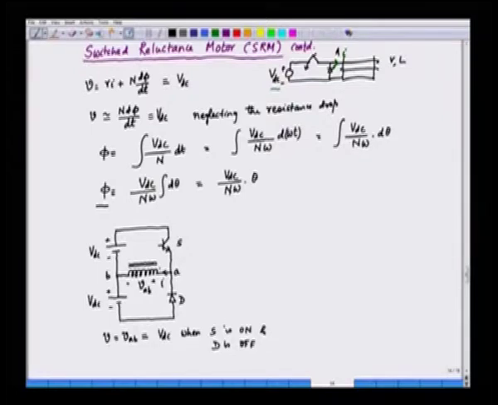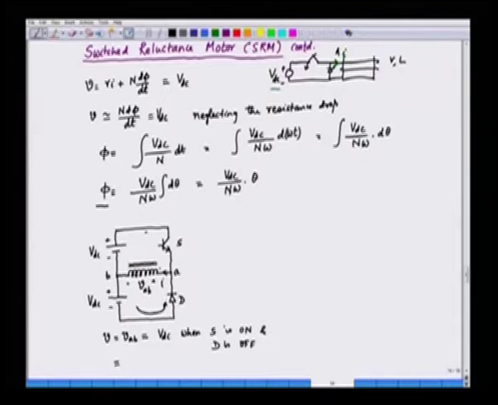Now, when we switch off this switch S, the current through this winding is flowing from A to B, and it will be maintained because it is an inductive current. So, the current through the winding has to be continuous, or has to be maintained, when the switch is off. So, the current will try to find an alternative path, and the alternative path will be through the diode. So, it will flow through the diode.